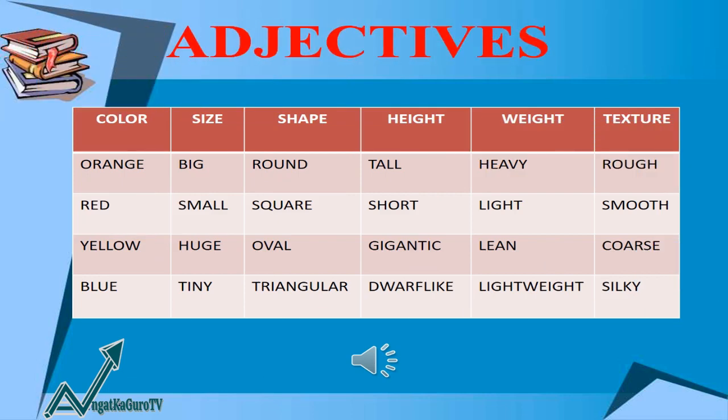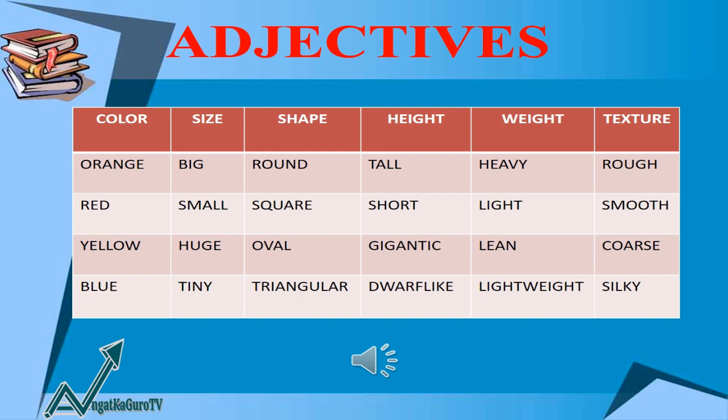These are examples of adjectives. Color: orange, red, yellow, blue. Size: big, small, huge, tiny. Shape: round, square, oval, triangular.